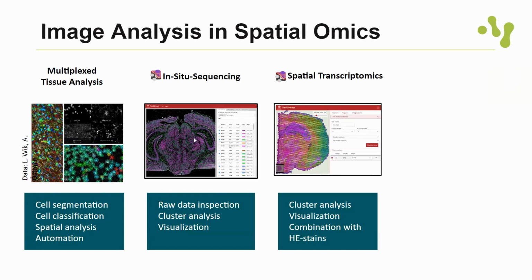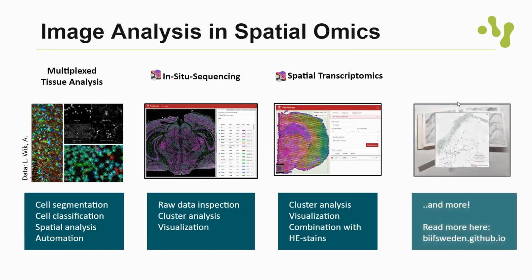And then also in situ sequencing and spatial transcriptomics, especially visualizing the data with TissUUmaps. But that's not everything. If you have some spheroids or even more image data that is not related to spatial omics, then we can probably also handle that, just let us know. We also have this project database where you can look a bit more at the projects we have been handling.